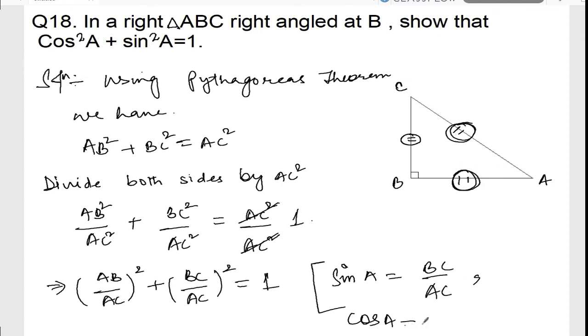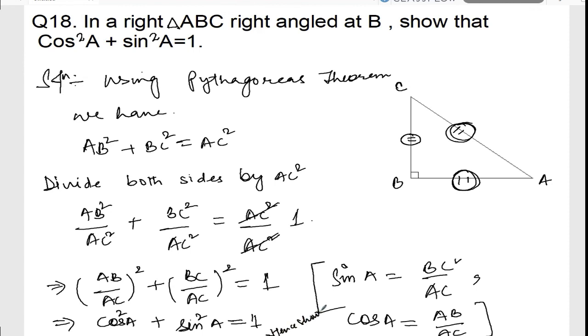So if I put cos A instead of AB by AC, this is cos A, and the square is there, so cos square A plus BC by AC, which is sine A, so sine square A is equal to 1. This is what we had to show. Hence shown. I hope you understood.